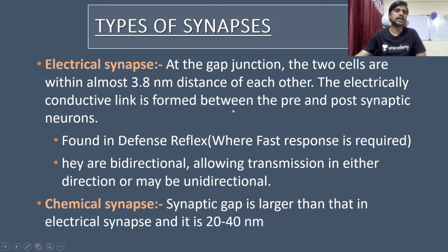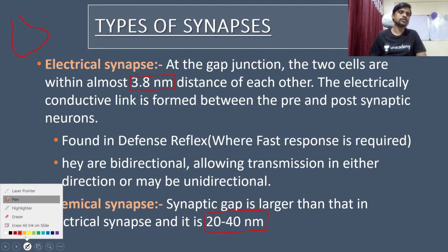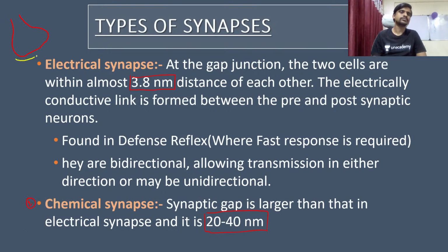Okay, so the types of synapse, there are two types of synapse. One is electric and the second one is chemical. At the electric synapse, the distance between two cells is only 3.8 nanometer, but in the chemical synapse, it is 20 to 40 nanometer. Okay, so what happens here, guys? For example, this is your synapse, and the second cell looks like this, which is taking a signal.